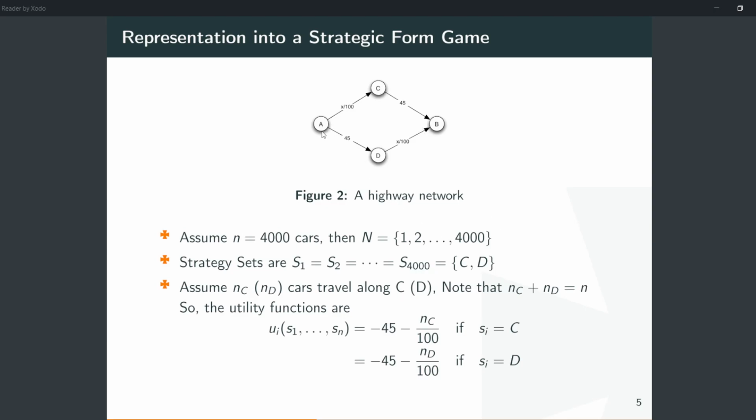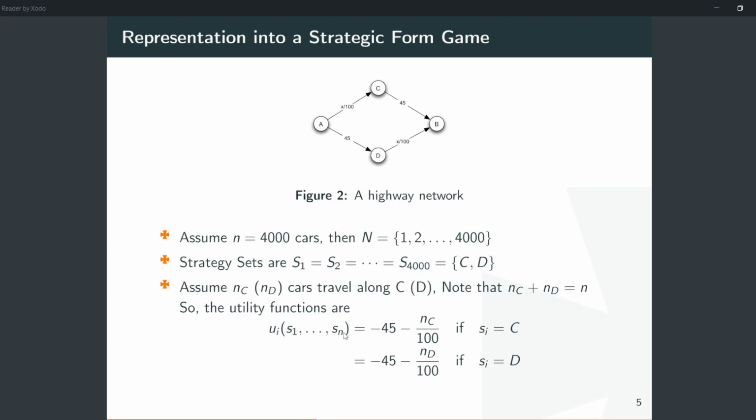D means you go to D first and then to B from D. Now N_C are the cars that travel along the C route, and N_D are the cars that travel along the D route. The sum of these will be equal to N. The utility functions are the reverse of the times, because utilities are usually payoffs and time is lost, so we are multiplying by minus 1.